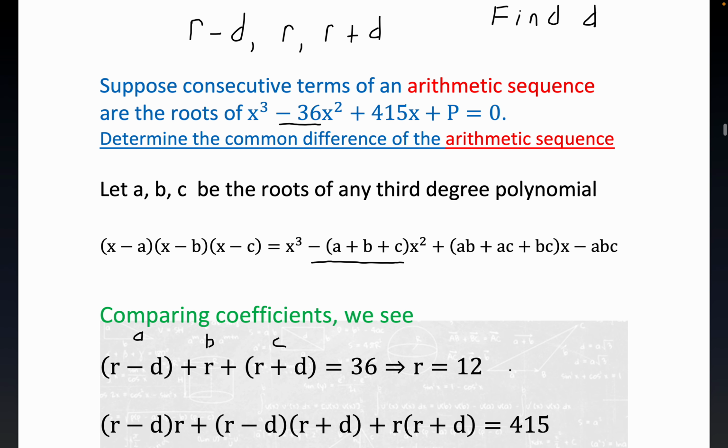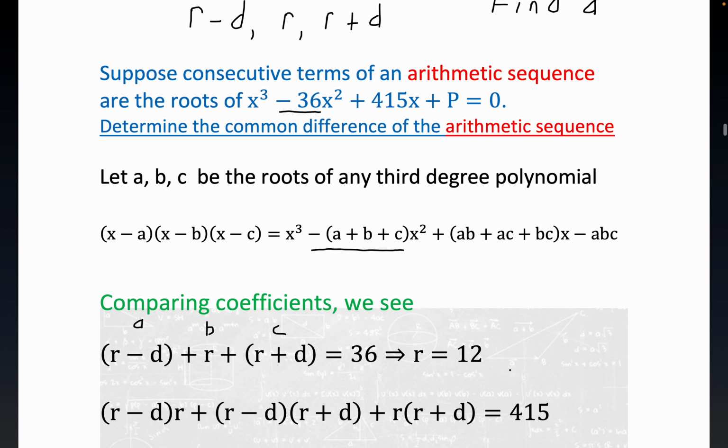Now in a similar fashion here, the 415 you'll notice is the sum of products of the pairs. This is the products of the pairs, right?